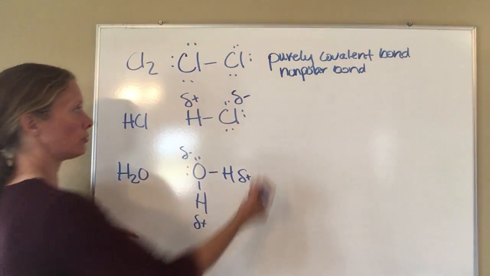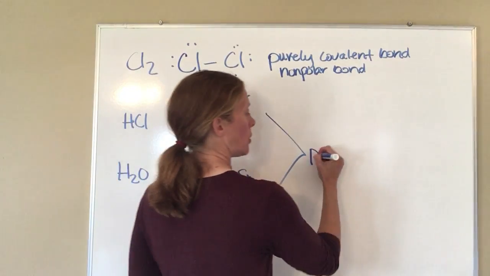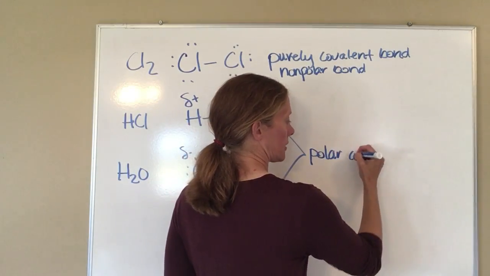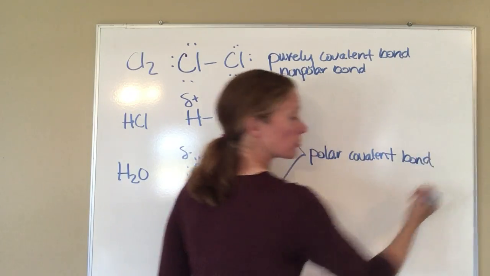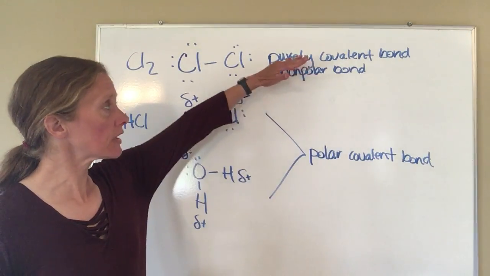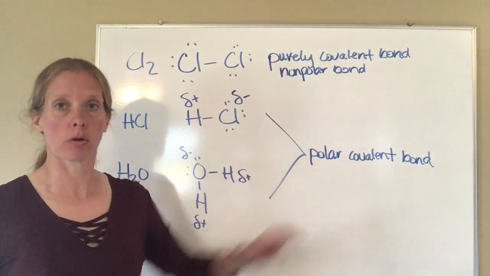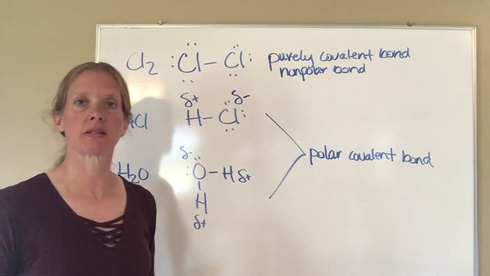On these 2 examples here, these are called polar covalent bonds because the electrons are pulled more one direction than they are the other direction. Okay, so purely covalent bonds and polar covalent bonds. This is an equal sharing, and this one is an unequal sharing.